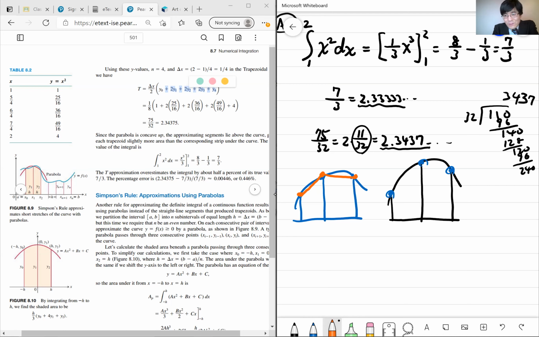I don't know how to draw it well, but something maybe like this. Okay, so there's one parabola that goes through 3 points. Remember, a line is ax plus b, so you need two pieces of information. A parabola is ax squared plus bx plus c, so you will need 3 different pieces of information to determine a, b, c.